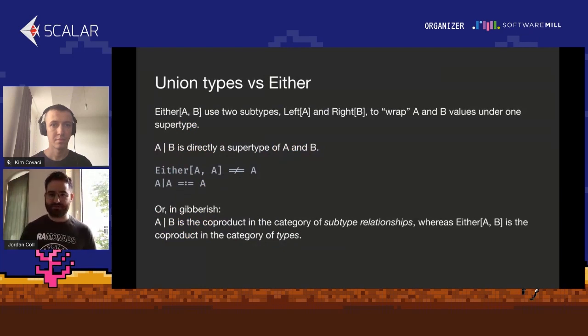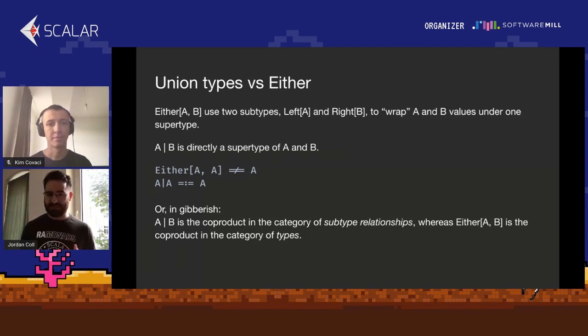What about Eithers? Eithers also let us combine unrelated types in a hierarchy, but they do it in a different way. Eithers use two subtypes, Left and Right, to wrap A and B values under one supertype. So Either[A, B] isn't a supertype of A and B. It's a supertype of Left[A] and Right[B].